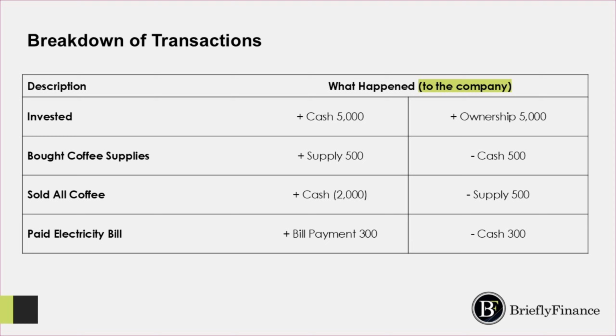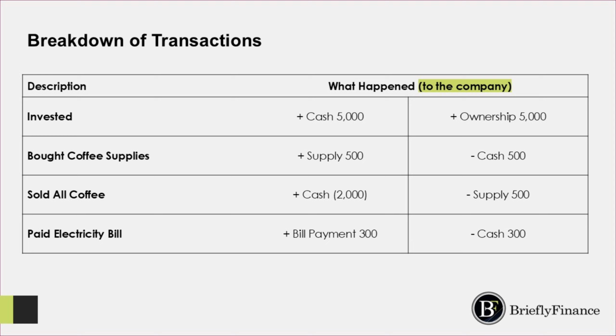Then when you sold all the coffee, after working on it and processing it, the supply is gone now, and you got cash with additional benefit. If you see here, it's not balanced. It's 500 and then there is 2,000. But this is what happened.